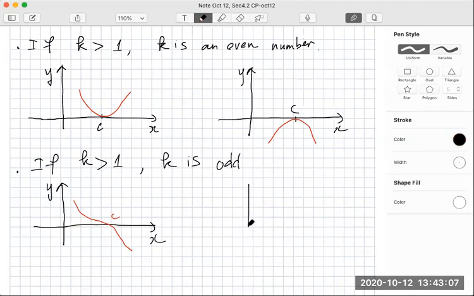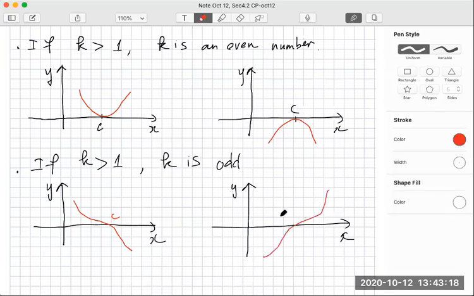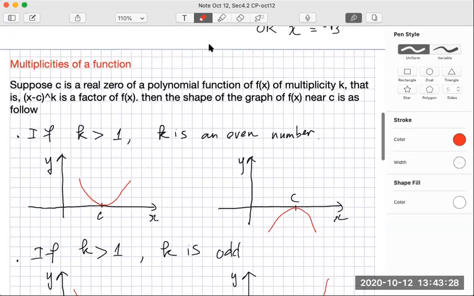Or it's crossed like this. Okay? These properties are very useful. So, okay, this is the main thing. x minus c to the k, then k will be the multiplicity of that zero.